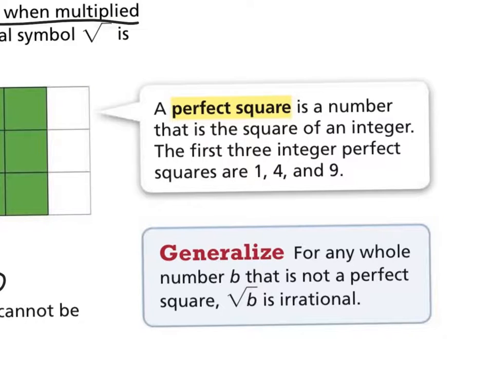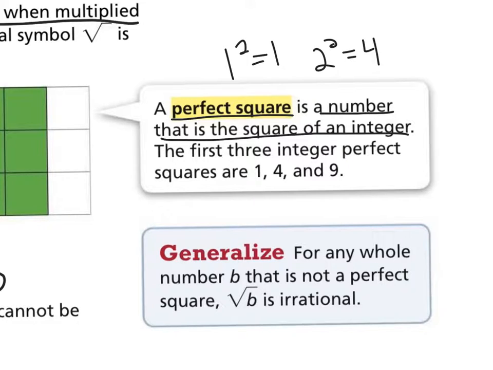So perfect squares, like the book talks about, it's a number that is the square of an integer. So 1 squared equals 1. 2 squared equals 4. 3 squared, 3 times 3 is 9. 4 squared, 4 times 4 is 16. Okay? And it's called a perfect square.